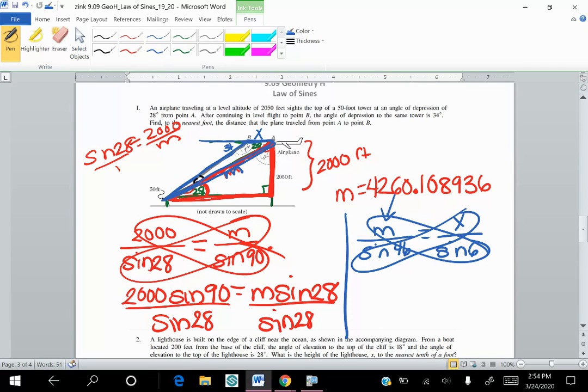So in my calculator, I'm just going to use that entire decimal. So you could arrow up and hit enter to repeat writing that decimal right in your calculator, and then hit times sine of 6. And then to solve for x, we're going to divide both sides by sine 146.